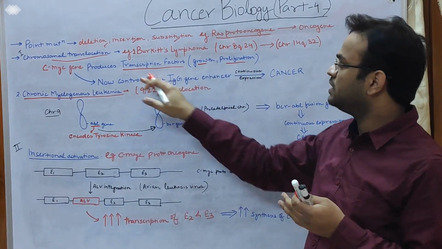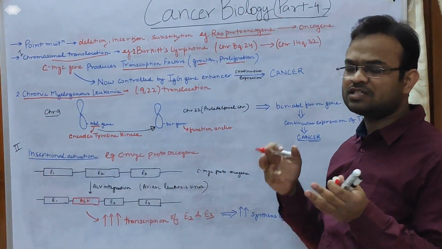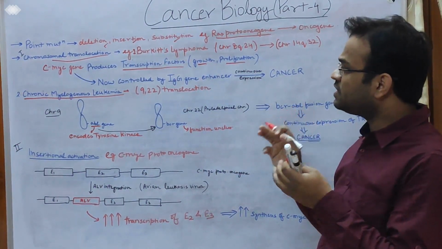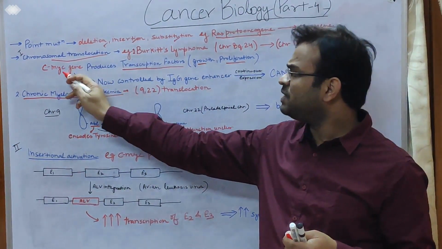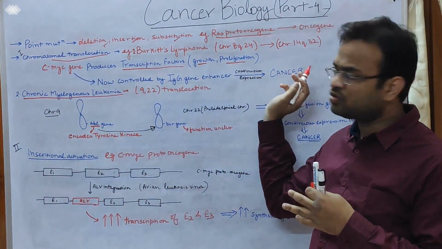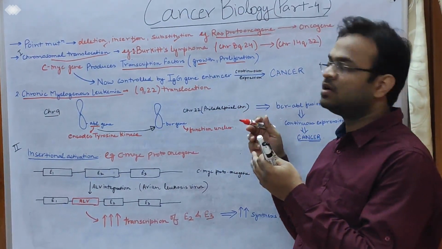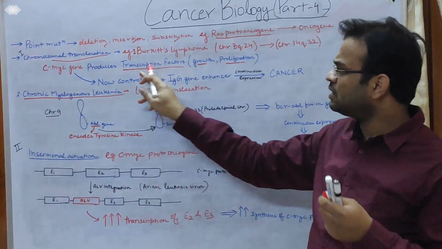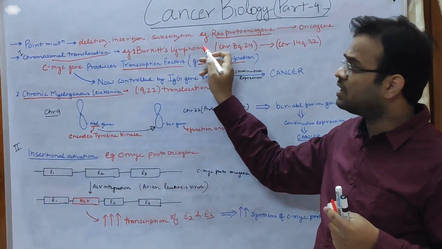That means that this c-MYC gene is responsible for the proliferation of the cell, that is the cell division, that it promotes the growth of the cell. Okay, so c-MYC gene is responsible for the growth of the cell, or transcription, or promotion or proliferation of the cell. Now what happens in case of Burkitt's lymphoma?